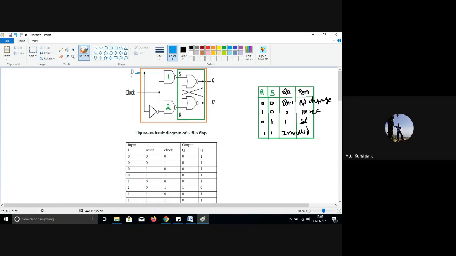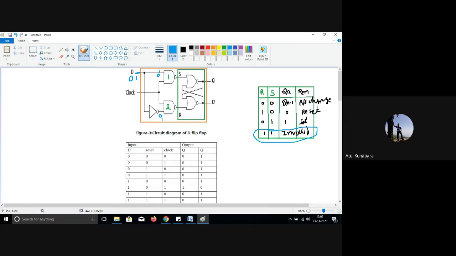If that data input is 1, it will supply 1 over here, and through this NOT gate, it will supply 0 over here. If your data input is 0, it will supply 0 over here, and through the NOT gate, it will supply 1 here. You have seen in this table of the RS latch that both can never be 1 simultaneously. That is the invalid condition.